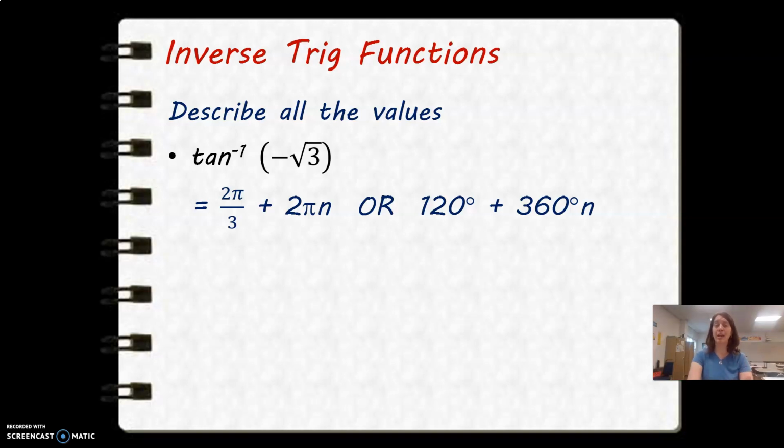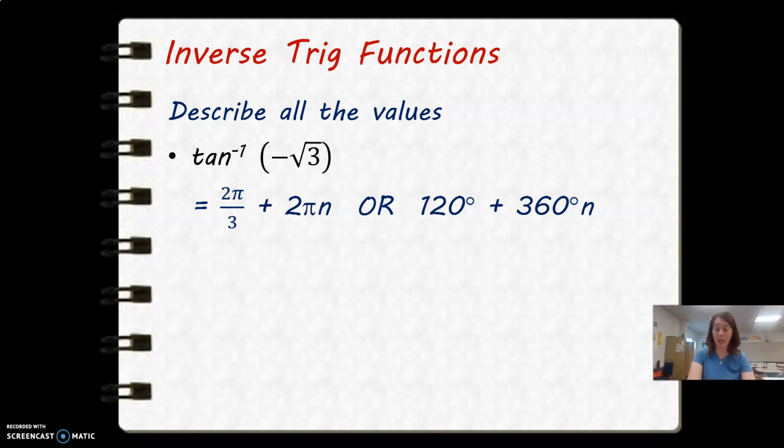Unfortunately, that's not the only place on the Cartesian plane where the tangent is equal to root 3. All that we focused on so far was in quadrant number 2. Remember at quadrant number 4, we also have one positive and one negative, which means my fraction for y over x would turn out to be a negative, which is what I want here in the question.